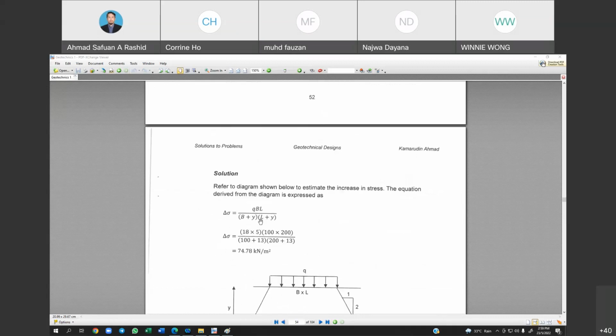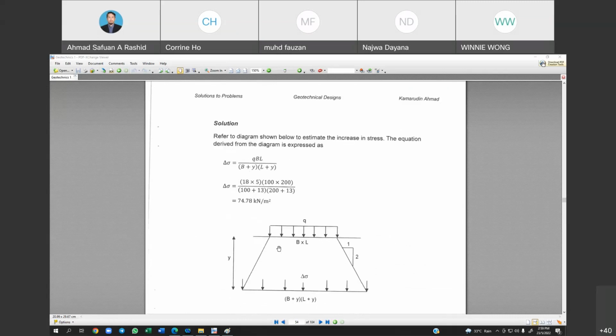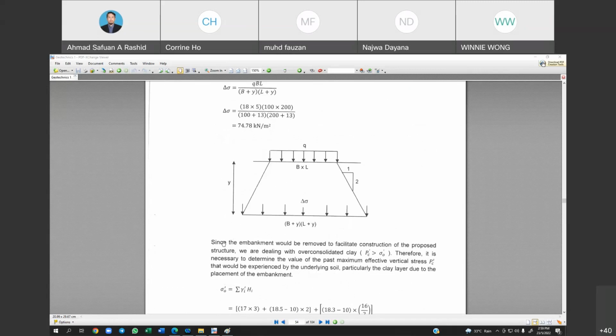So that is the size of the embankment. 100 times 200, so we gain 74.78.